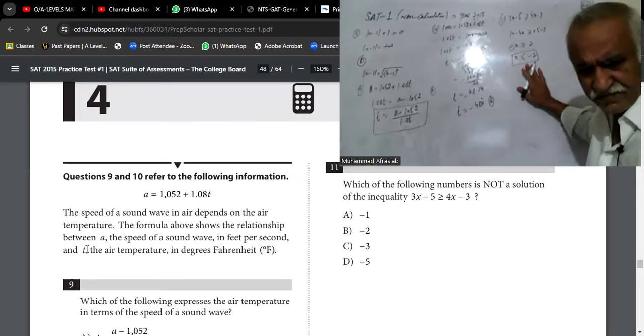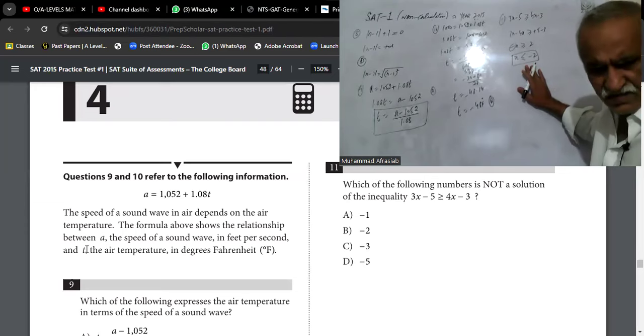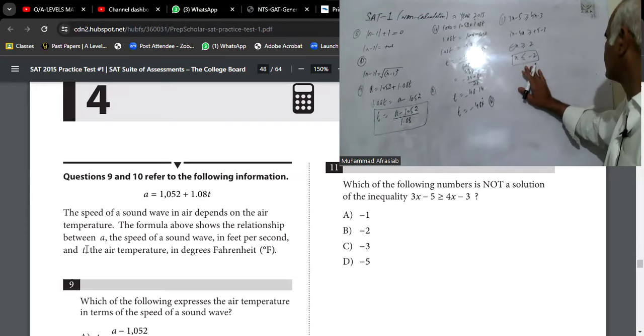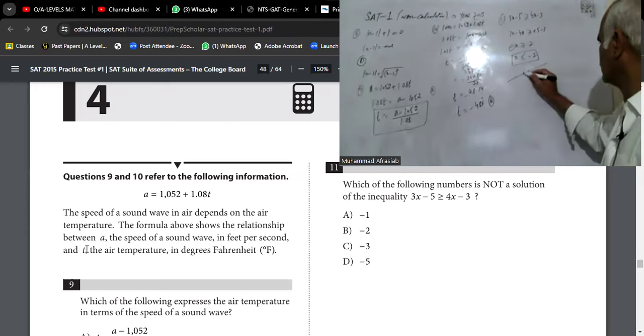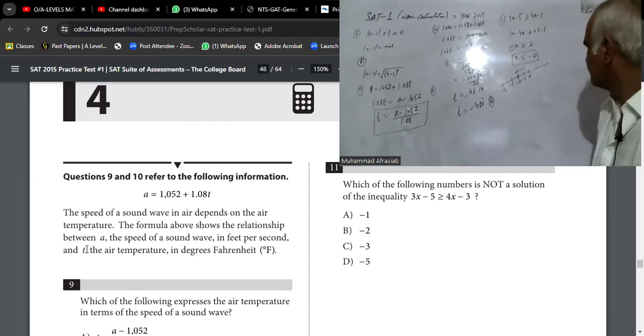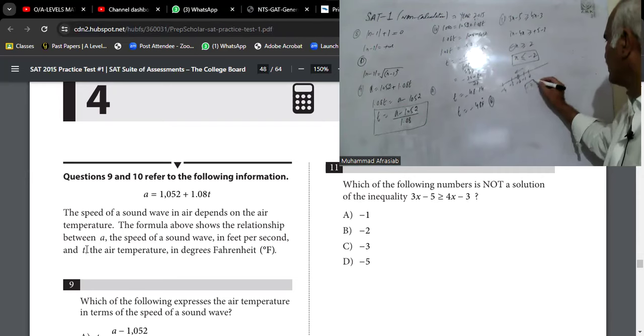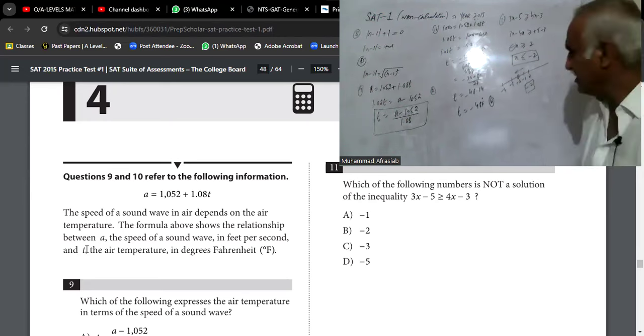So there is minus 1, there is minus 2. So the number that is not a solution is the one greater than minus 2.